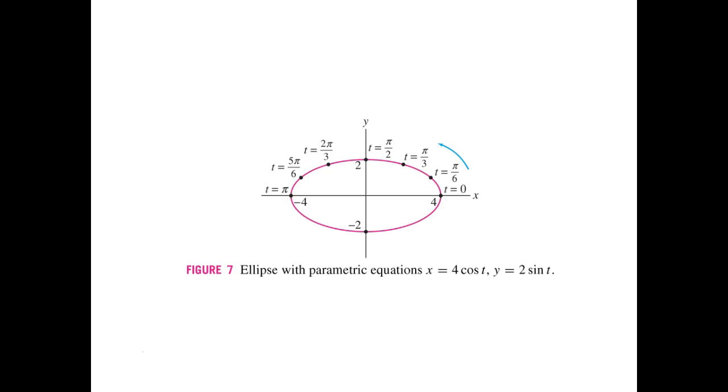For pi over 6, the x value is square root of 3 over 2 times 4, and this is 1 half of 2, which is 1. And then this one would be 1 half of 4, which would be 2.